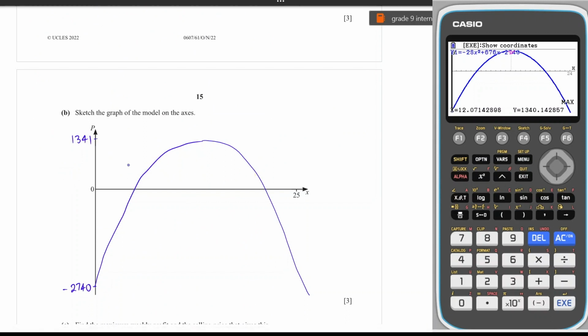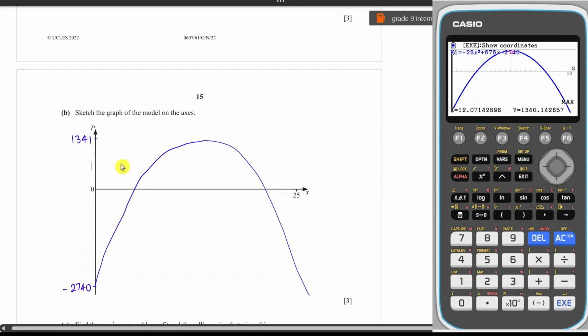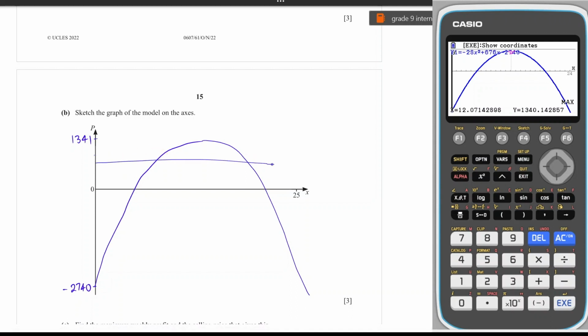So let's say if this is 500, so something like this, maybe a little lower. So this is 500. I want it to be above 500. So the values that will give me above 500 will be when x is between these values.